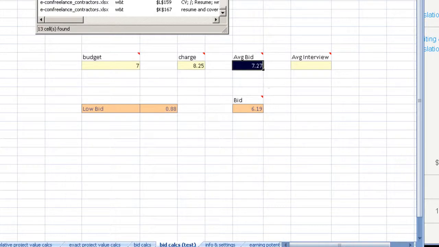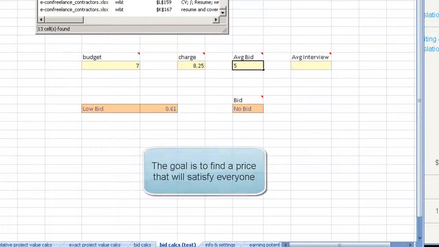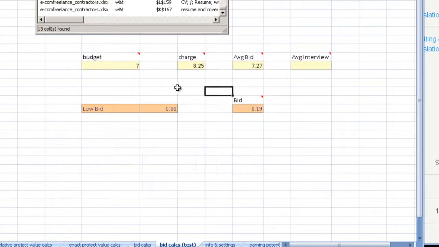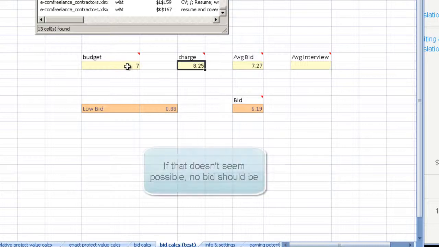Because what you're trying to do here, in the case where you do have an average bid displayed, is enter a bid that is competitive with the budget and also competitive with the average bid amount, but also takes into consideration the regular charge that the contractor would prefer.